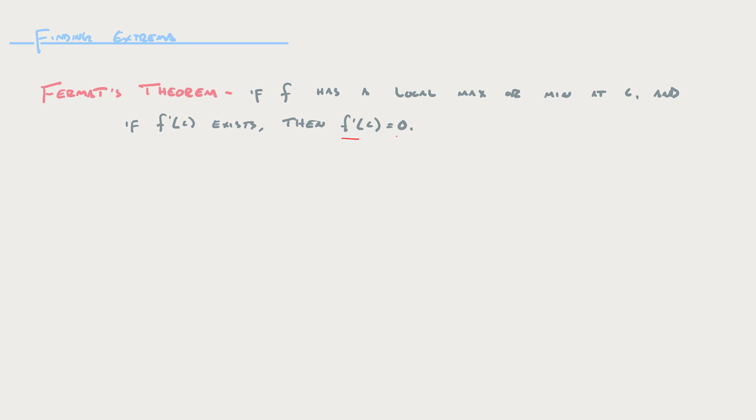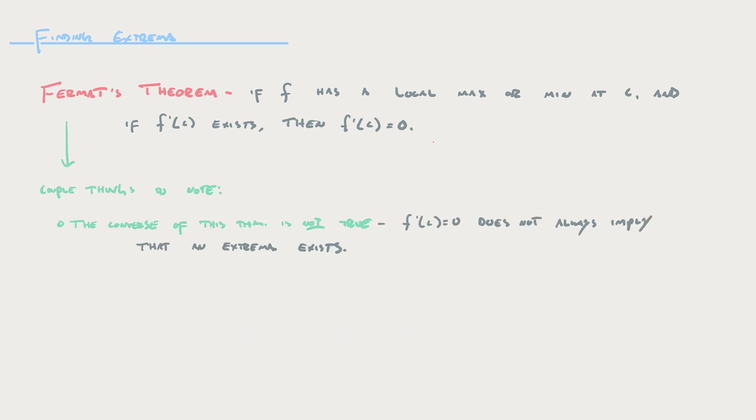So find where f prime of c is equal to 0. That's where you're going to have some kind of local extrema. But there's a couple of things to note here, and one of them is that the converse of this theorem is not true. So that means that if you're finding that f prime of c is equal to 0, that doesn't necessarily guarantee that there's an extrema at that point.